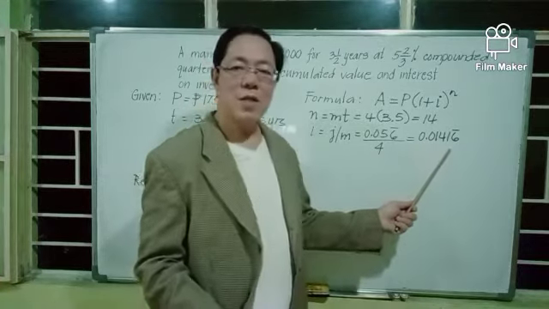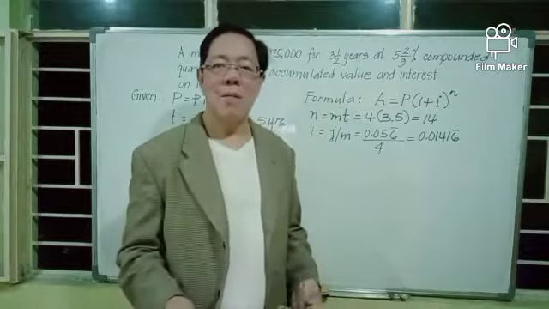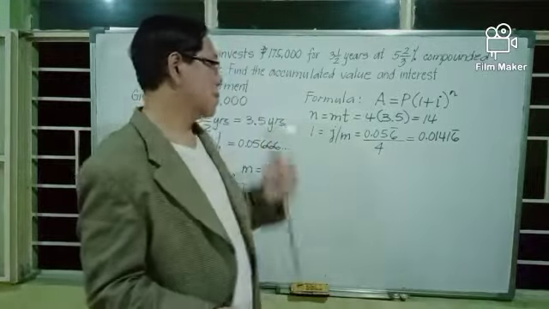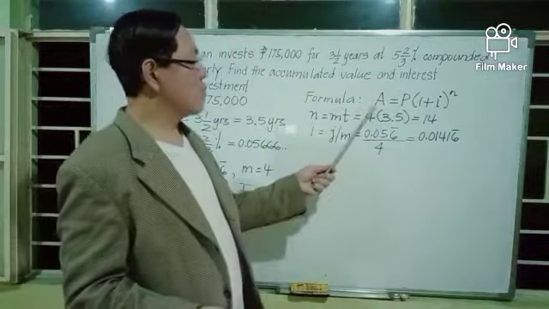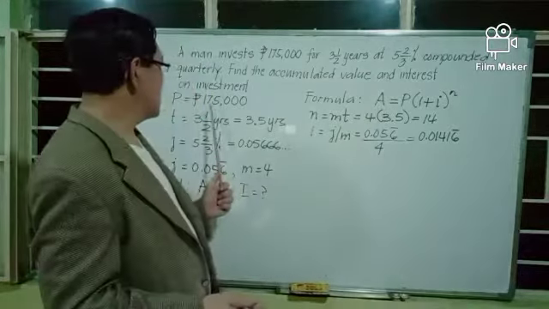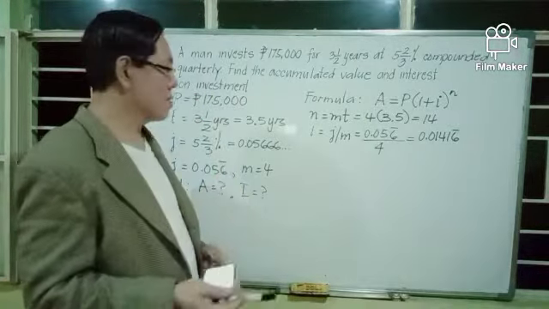But when you enter this in your calculator, you press 6 many times. Now we are ready to compute the accumulated value of 175,000 pesos.